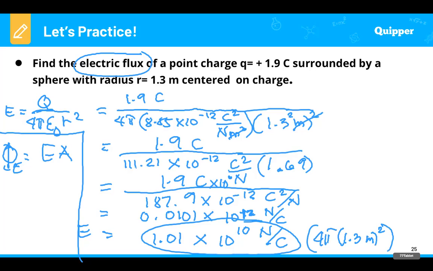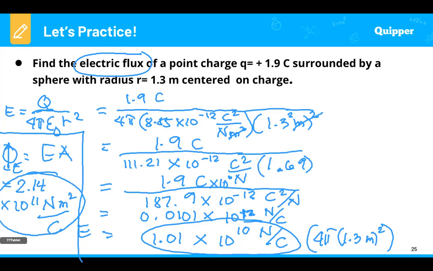Okay, and if we will multiply those, the answer you can see for yourself. If you will press those numbers in your calculator, the answer will become 2.14 by 10 raised to 11 N m squared over C. So this will be the final answer because we are finding the electric flux.